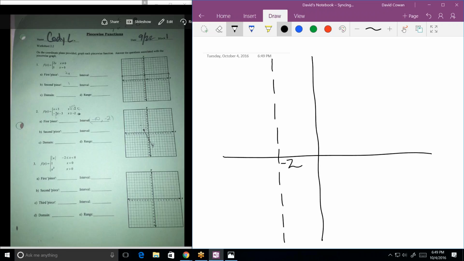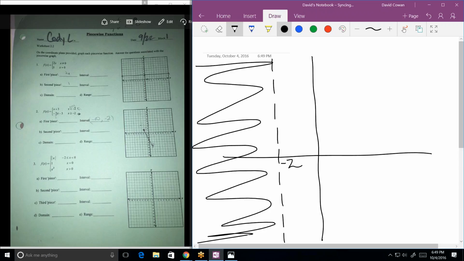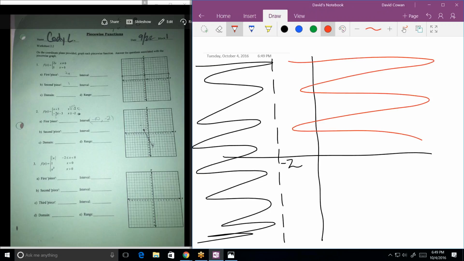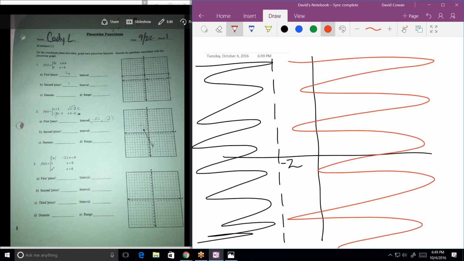At minus 2. Well, that first function, x plus 3, and I always work from left to right, is this area right here. That's where I need to graph my x plus 3 function. The second part is wherever x is greater than or equal to minus 2. That's this whole area over here. That's where I would graph my minus 2x minus 3 part. You with me? Yeah.